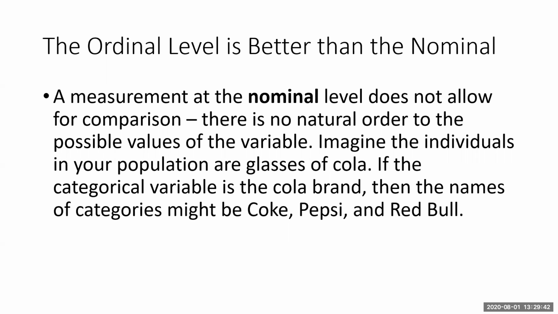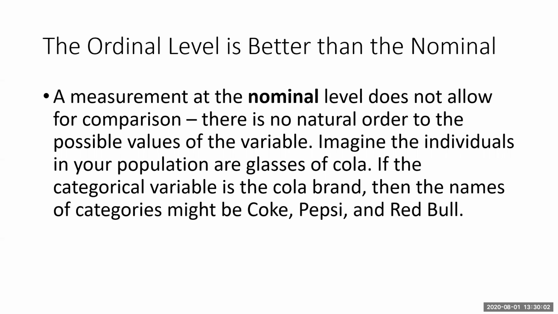So, I want to start by comparing the ordinal level with the nominal. Now, the nominal level does not allow for comparison. There's no natural order to the names of the categories.